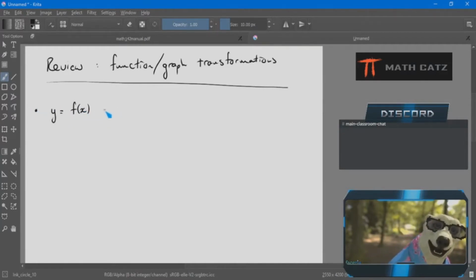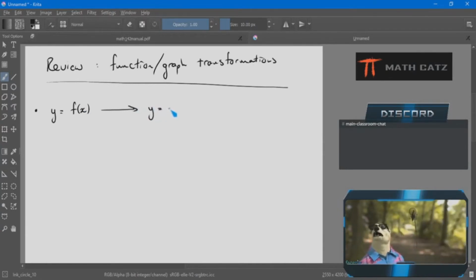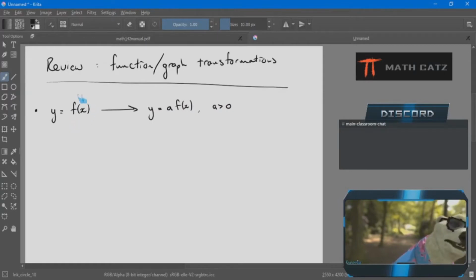I won't number them. And I change it to y equals some positive constant a times f of x. Now, what helps me remember is the right-hand side stays the same, but gets multiplied by a positive number.